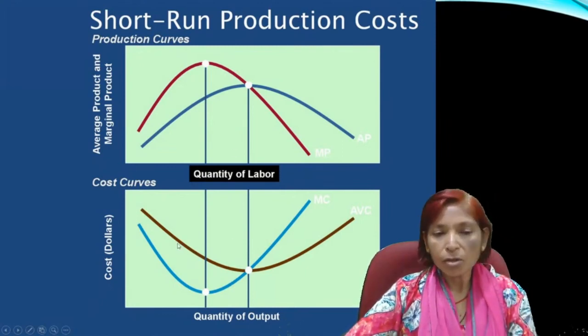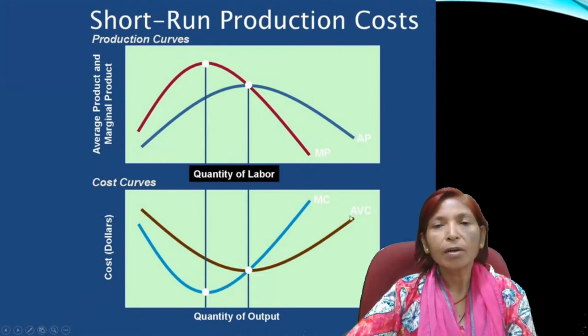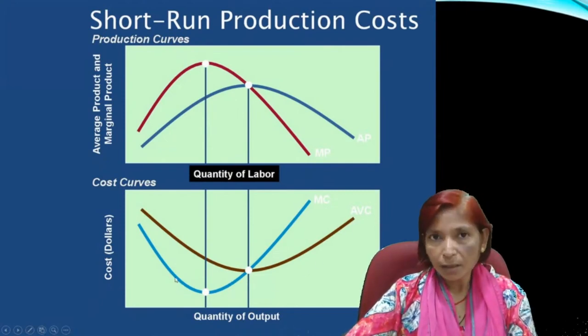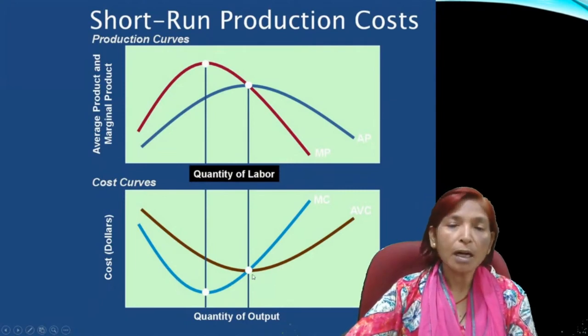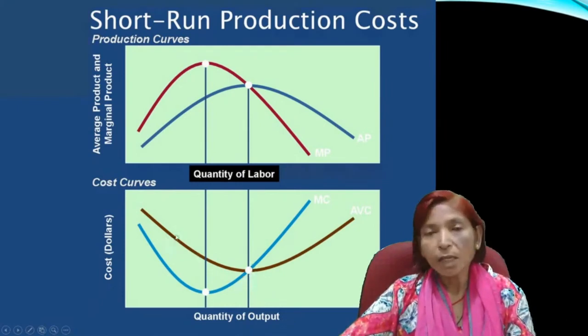Next is cost curves. The cost curve is always a U-shaped curve. This brown line is showing the average variable cost or average cost curve, and MC is always a U-shaped curve, and MC always cuts AVC or AC at its lowest point. So here, when AVC starts falling, when production is increasing, then cost will decrease.